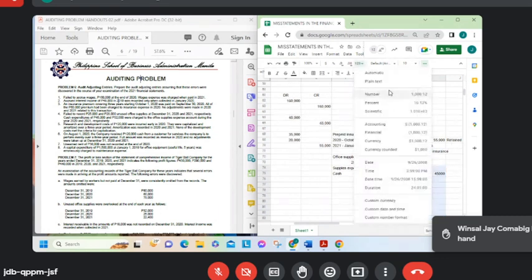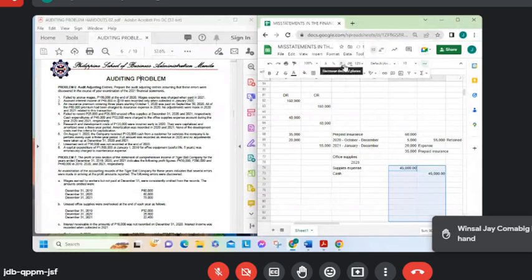Wherein supposedly there should be a portion that should remain as prepaid supplies. Okay? So how much is that? But ganito na lang. Recorded this as supplies expense in 2020.